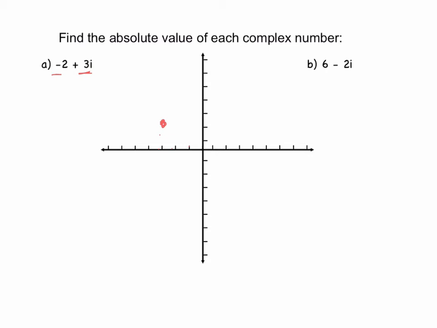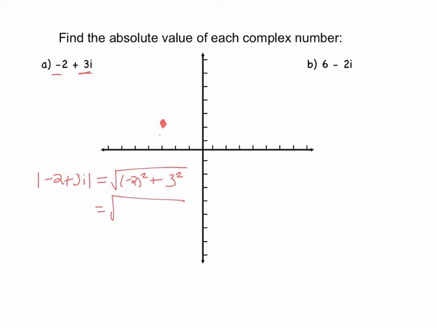Then to actually get the absolute value of negative 2 plus 3i, I'm going to do the square root of the real part squared plus the imaginary part squared. When we're writing the imaginary part, we don't actually include the i. The i helps us plot the point, but when we are calculating the absolute value, we're just taking that number, the 3 that's in front.